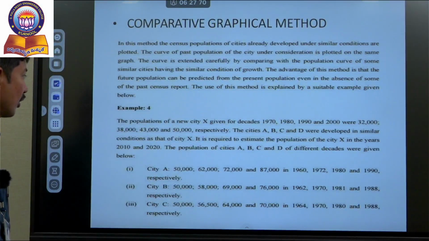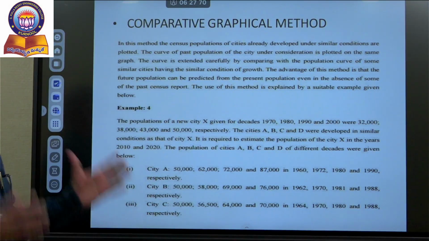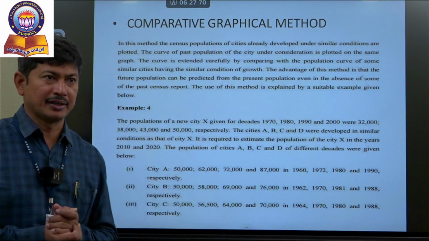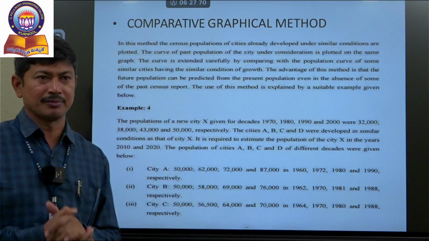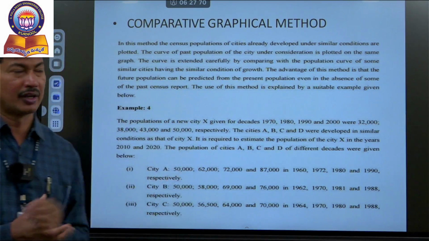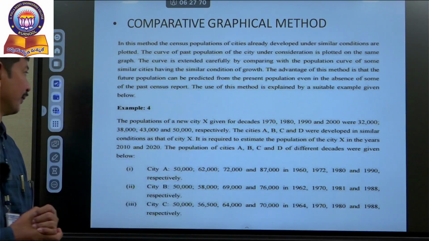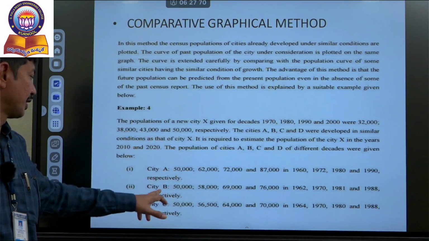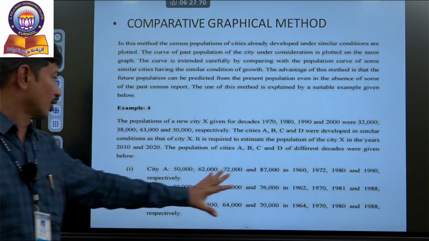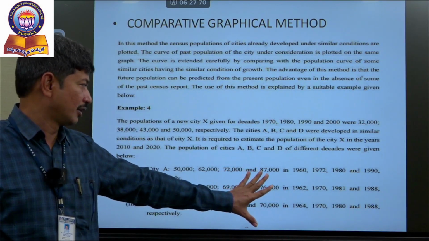Another method is the graphical comparison method. In this method, one city is compared to another city that is already a developed city. Based on that, we calculate using this graphical comparison method. Given data for city A, city B, city C, this is already past population data.